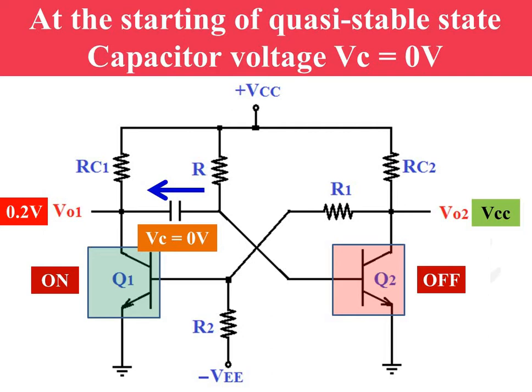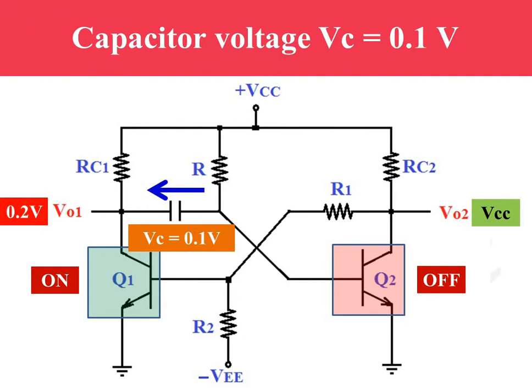Capacitance voltage is equal to 0.1 volt. The base emitter junction of transistor Q2 is not forward biased, as the voltage between base and emitter is just 0.1 across the capacitance and 0.2 volt between collector and emitter of transistor Q1. 0.3 volt is the value of VBE2. So VBE2 is less than 0.7 volt.